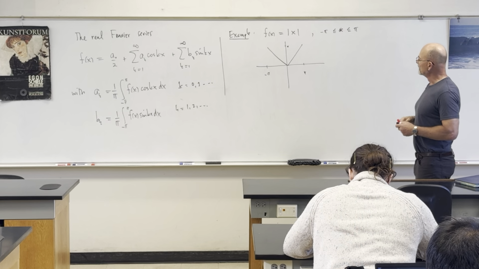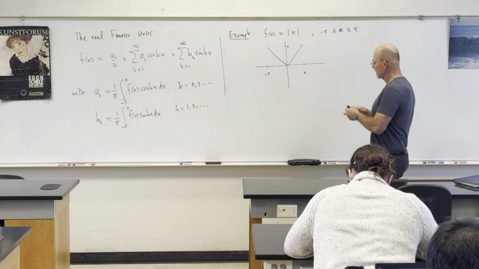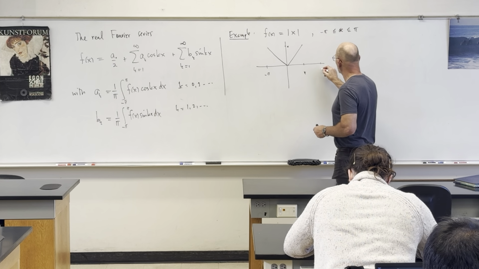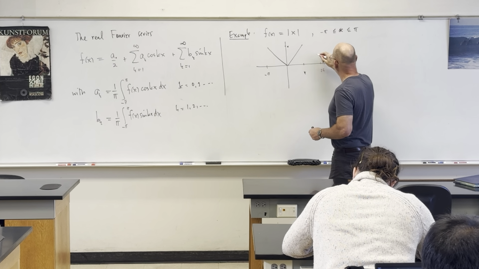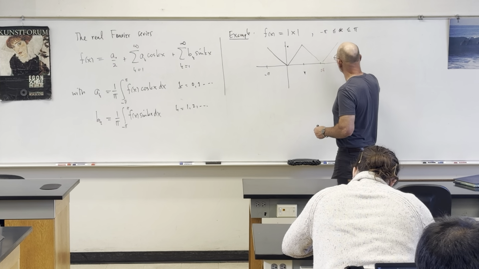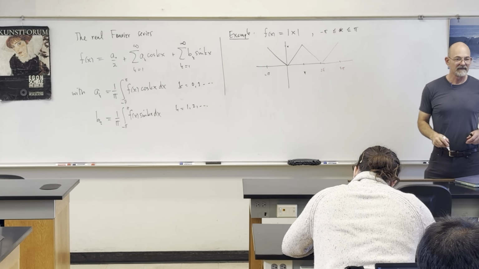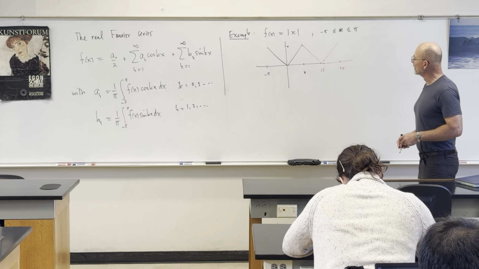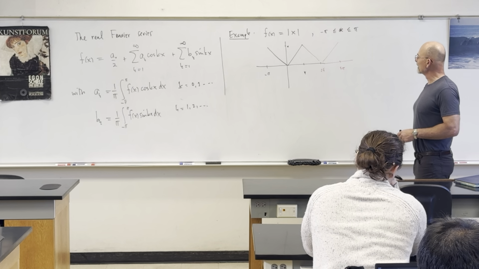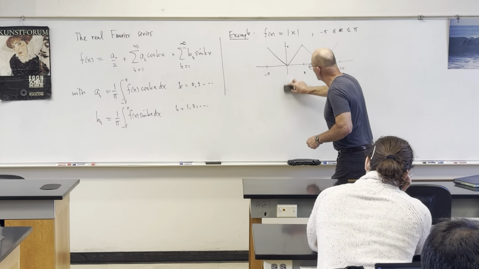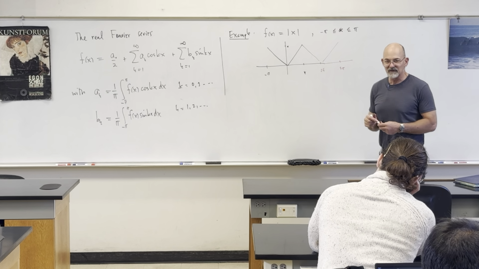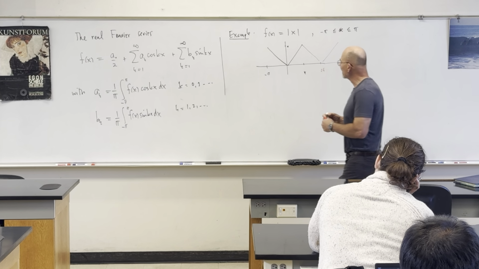And since it's going to repeat itself, if you go out to 2 pi and 3 pi, you're going to have this all the way across, left and right. So this is an even function, so we need the cosine.